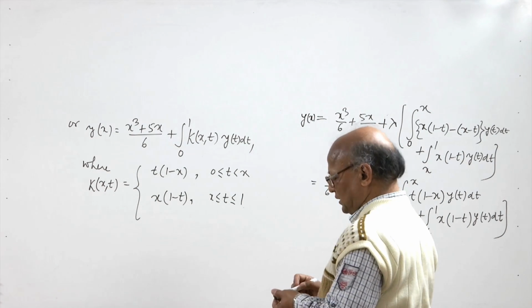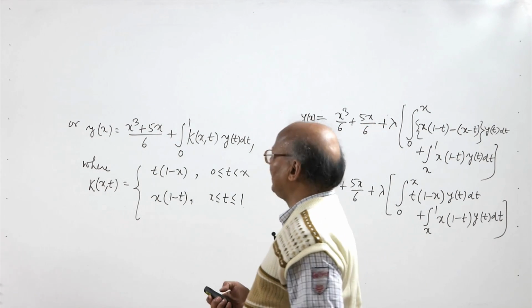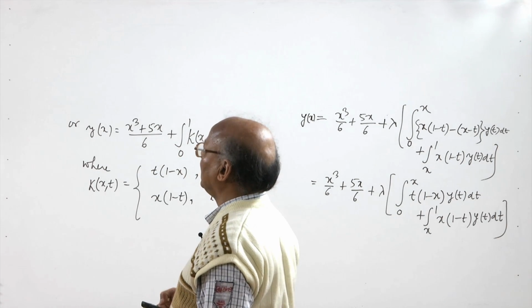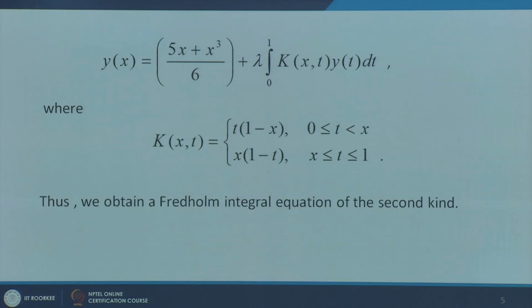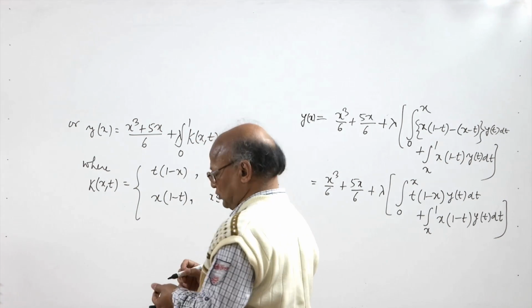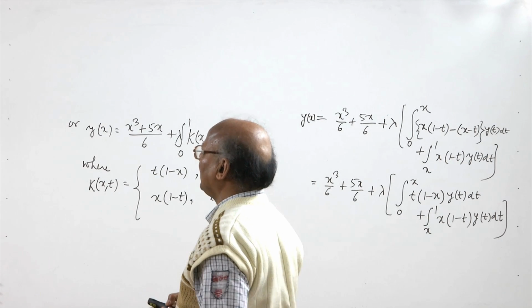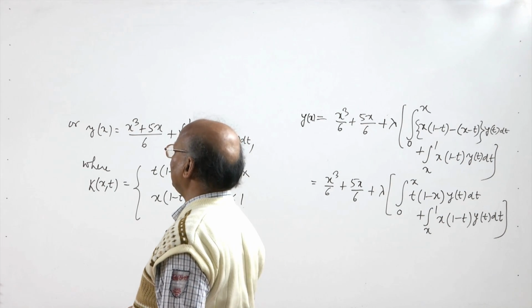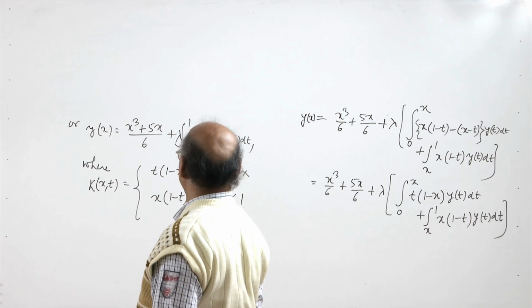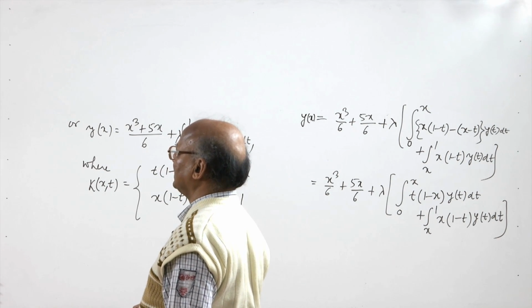So we see that the given boundary value problem is converted into this integral equation y(x) equal to x cube by 6 plus 5x by 6 plus lambda, here lambda is missing. So, lambda times integral 0 to 1 K(x,t) y(t) dt, where K(x,t) is t times (1 minus x) for 0 less than or equal to t less than x, and x times (1 minus t) when x is less than or equal to t less than or equal to 1.